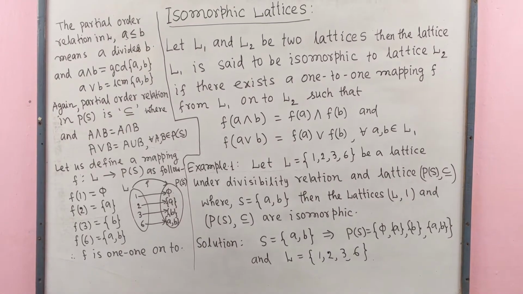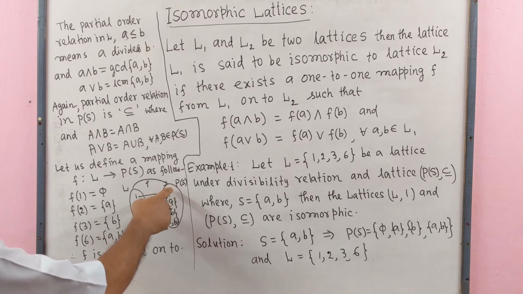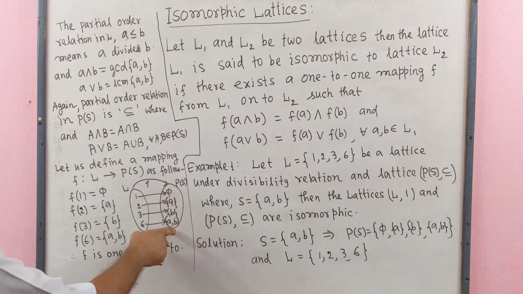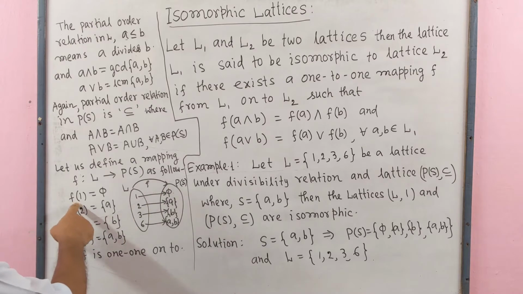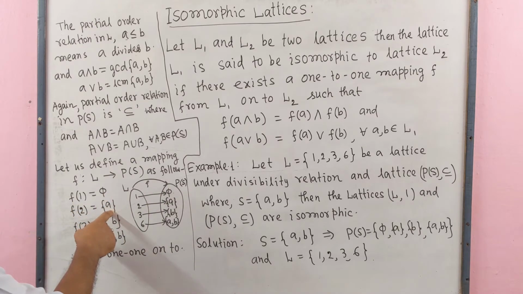Here we see that f is 1-1 and onto, because each element of P(S) has a pre-image, that is onto, and f(1) equals phi, f(2) equals {a}, f(3) equals {b}, f(6) equals {a, b}.